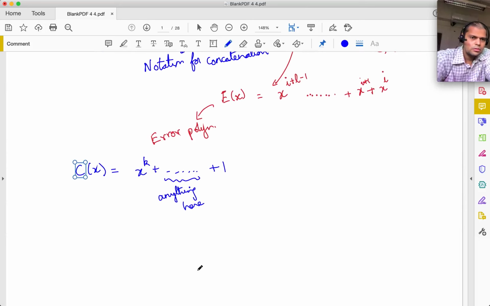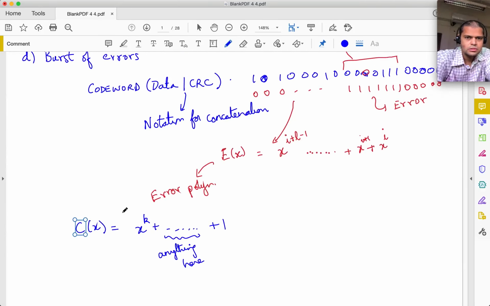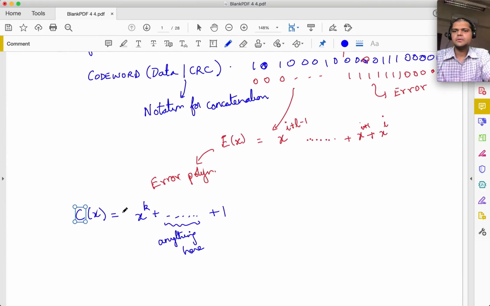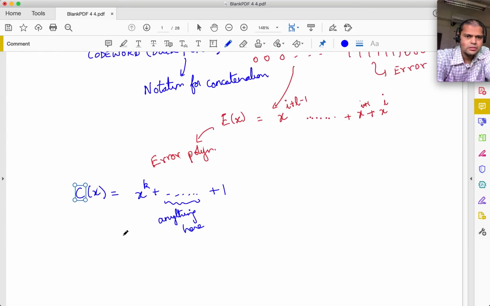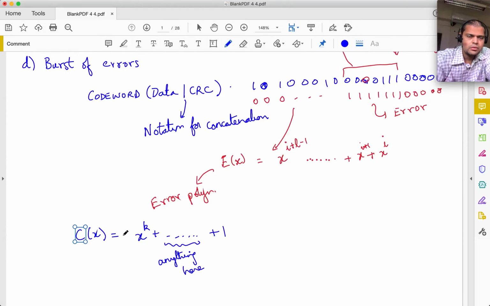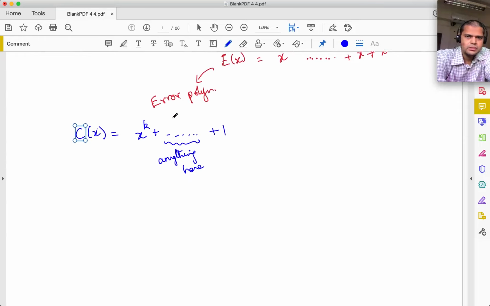Okay, so this is the polynomial which we are going to use to do the mathematics for computing the CRC. So the question is, we know that code word itself is going to be divisible by C of x. That's the way that we have created this code word. And the question is, is E of x divisible by C of x?